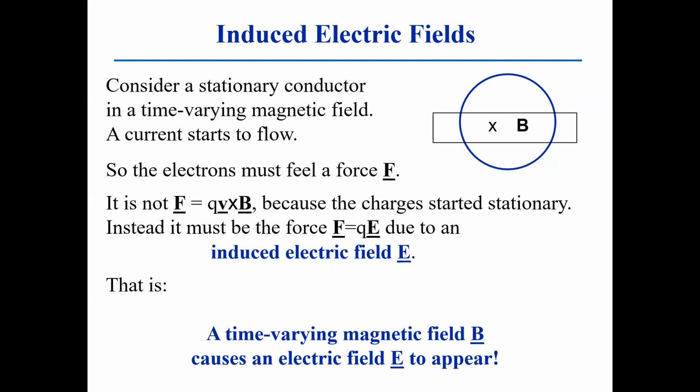It will not be qv cross B, which is the case for a magnetic field, because the charges started stationary. So in this case, a time-varying magnetic field causes an electric field to appear.